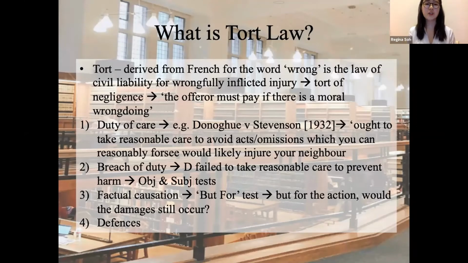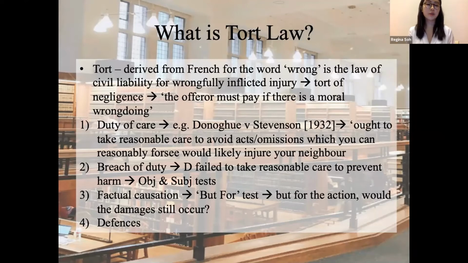And that is where the objective and subjective tests come in. They use these tests to weigh the case and the case facts to see whether there was an actual breach of duty. Because if the level of breach is too low, then the defendant will not be liable.